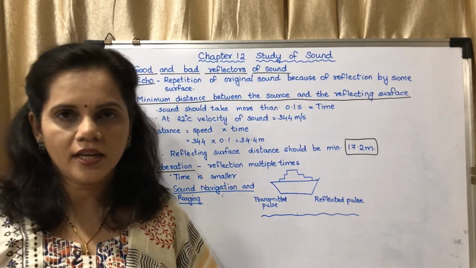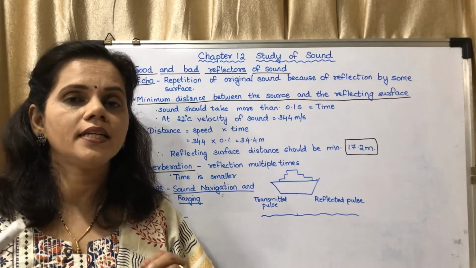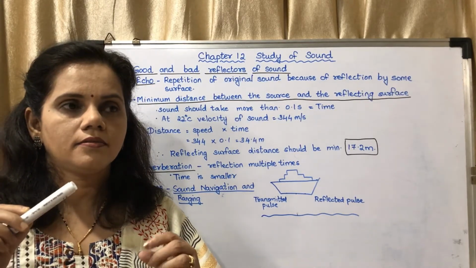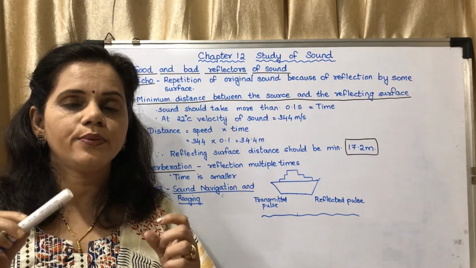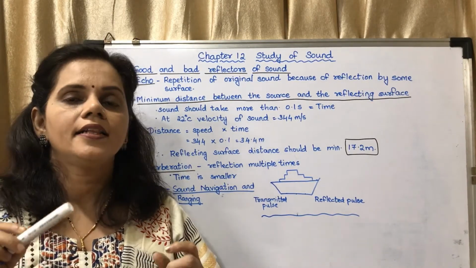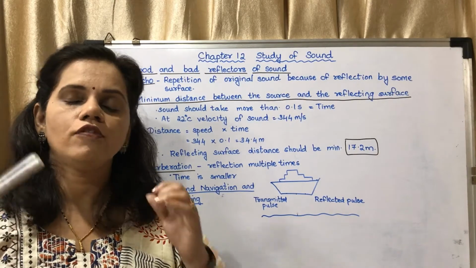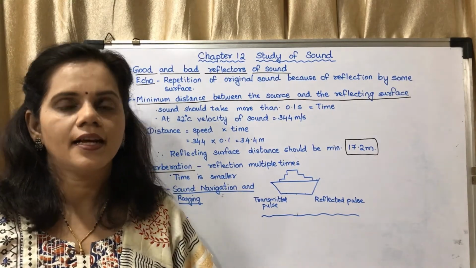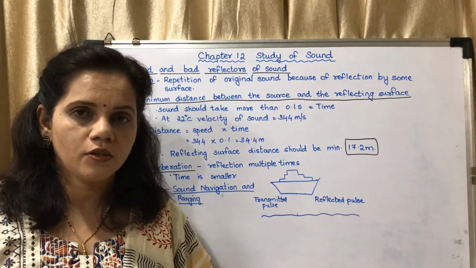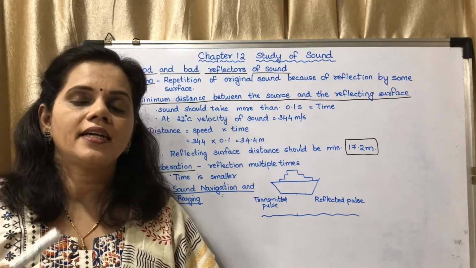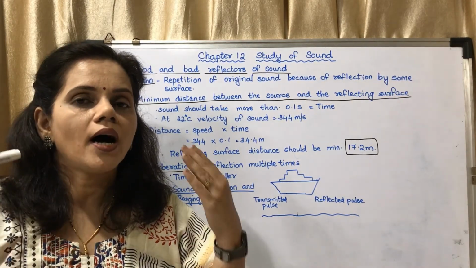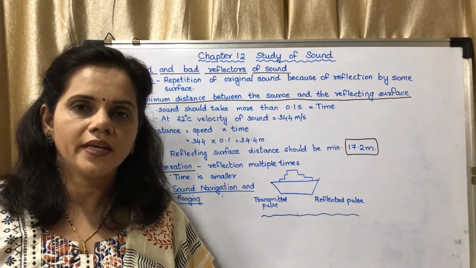When I am talking, in between each and every letter there is a gap of 0.1 seconds. That is why you are able to understand what I am speaking about.